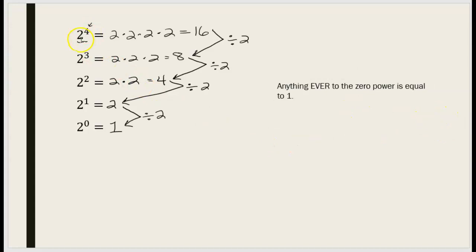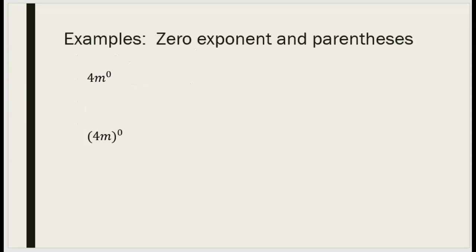I happen to choose a base of 2 for my example, but this same thing would happen with a base of 3 or a base of 5 or a base of 10 or a base of x. It doesn't make any difference what your base is. This same pattern will emerge, and you'll see that any base raised to the 0 power is always going to be 1.